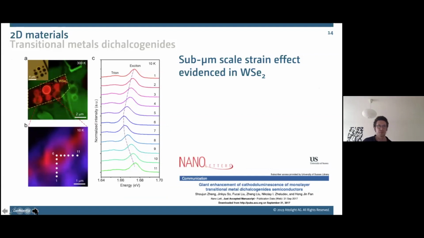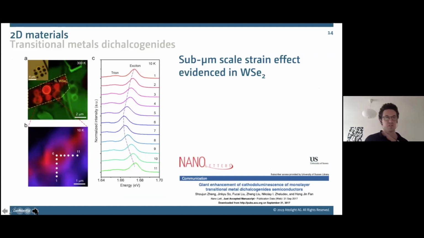Then another of our customers studied strain variations in tungsten diselenide, and there he could really see the exciton peak move as a function of the position on the membrane.